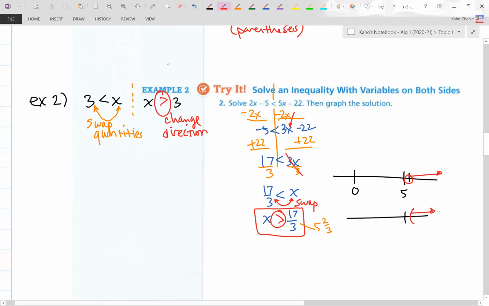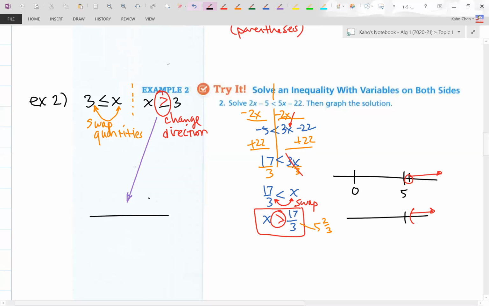Just want to let you know, if we had to graph something with an equal sign, let's change this. 3 is less than or equal to x. X is greater than or equal to 3, I'm sorry. Let's go ahead and just see how that looks with graphing.